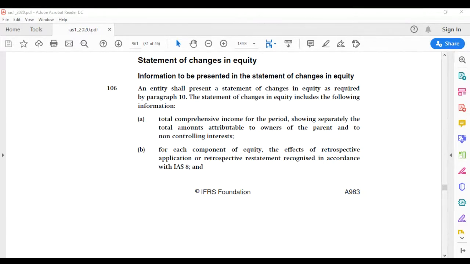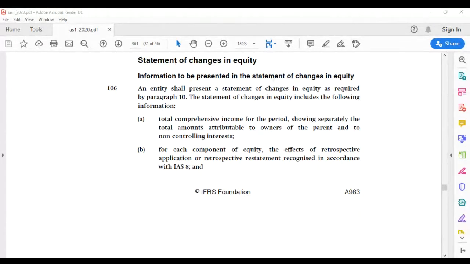Then you're going to disclose that in your profit before tax note. So there you just say included in the profit before tax are the following items. For instance, depreciation and employee benefits expense, write down of inventories and so forth, right?